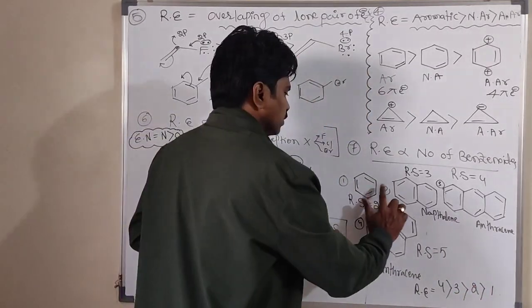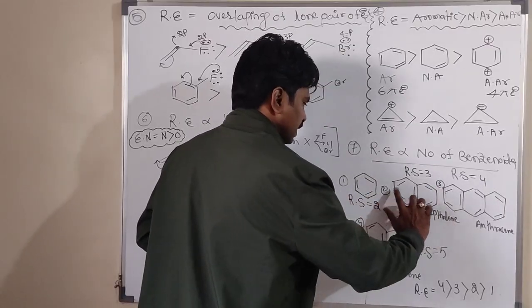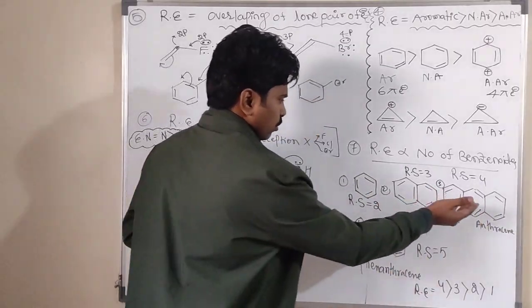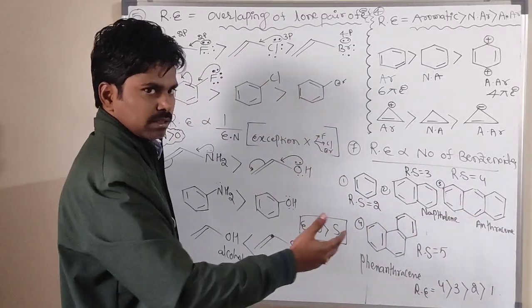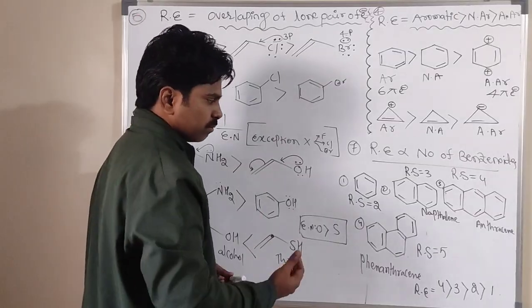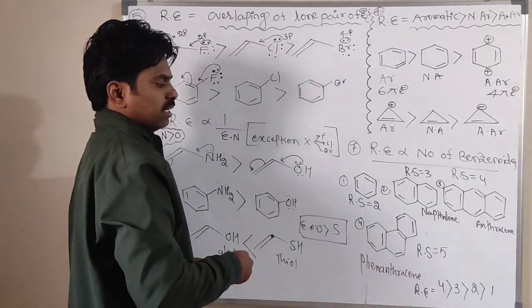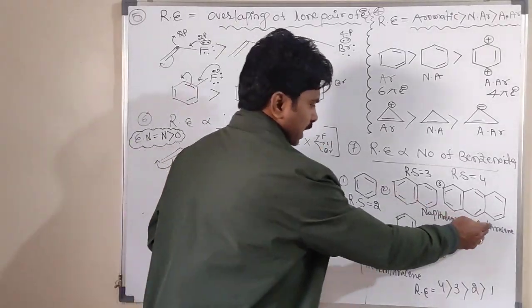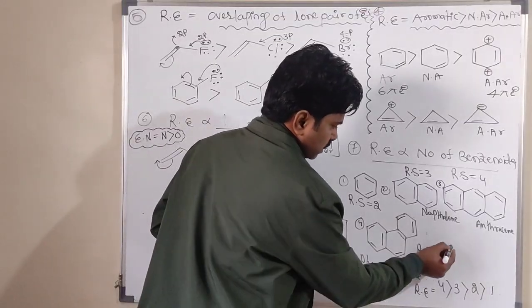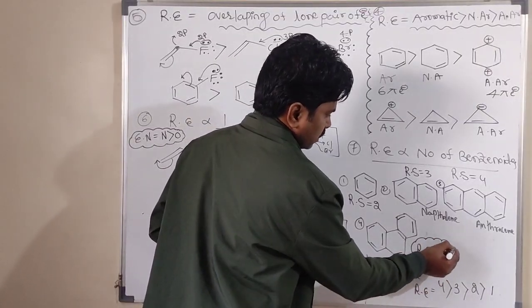As the benzene rings increase, obviously the third one gives excess resonance energy, but the fourth will give more compared to anthracene, because phenanthracene gives 5 resonating structures.